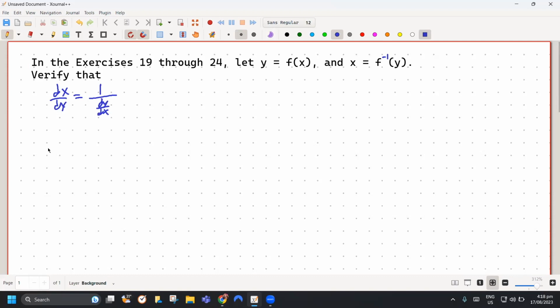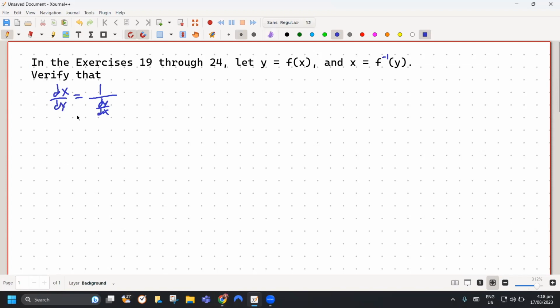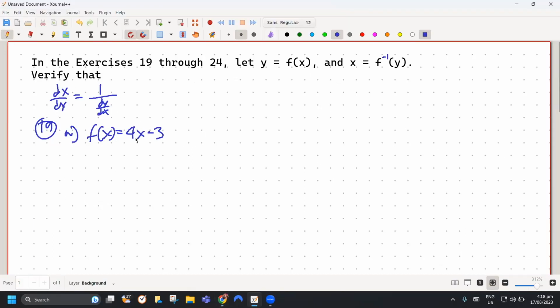Okay, so for number 19, letter A muna. Four x minus 3. So, okay, so yung f of x equals 4x minus 3.